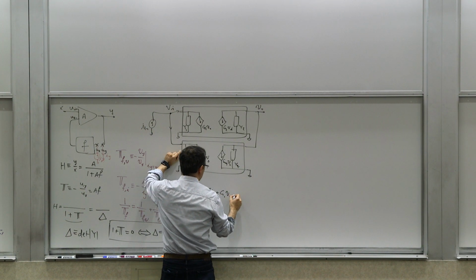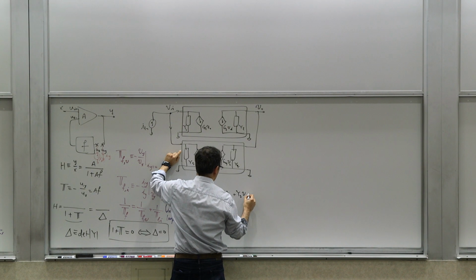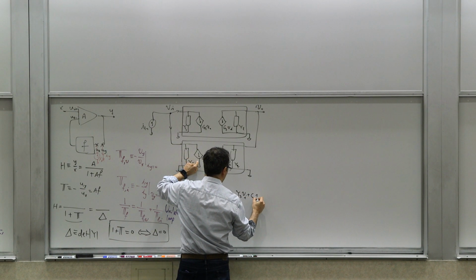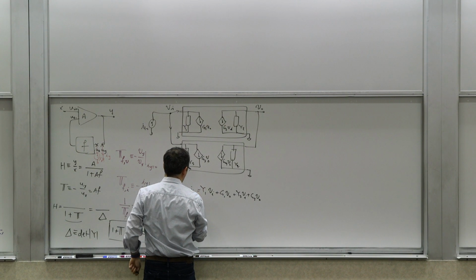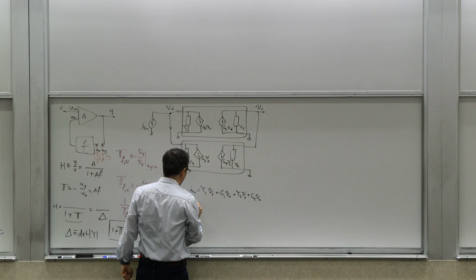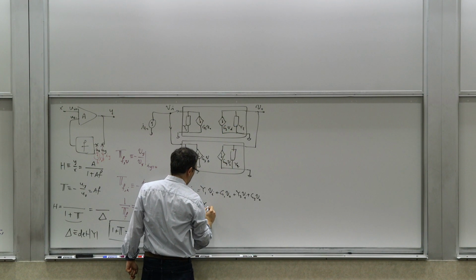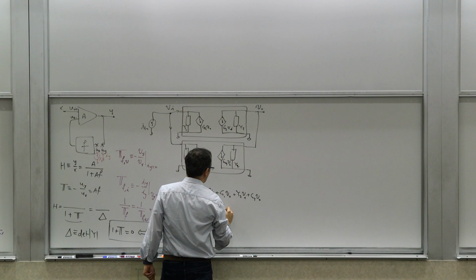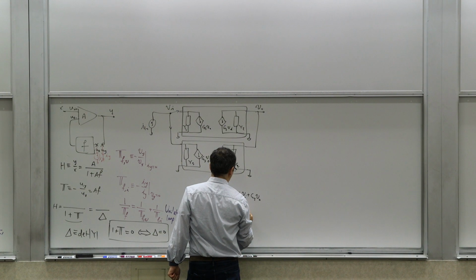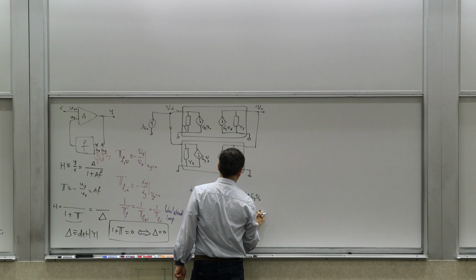Then you get this part, Y3 VI plus G3 VO. All of these 4 currents are equal to I in. And then for the output, you don't have a source, so it would be 0. Similarly, it would be Y2 VO plus G2 VI plus Y4 VO plus G4 VI.